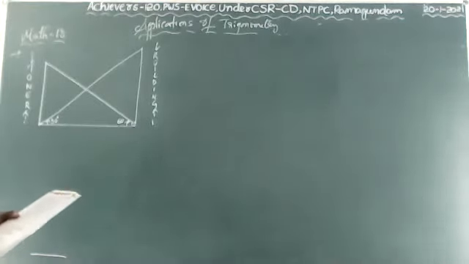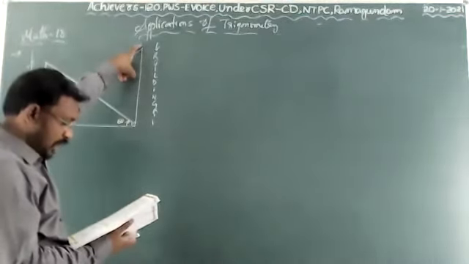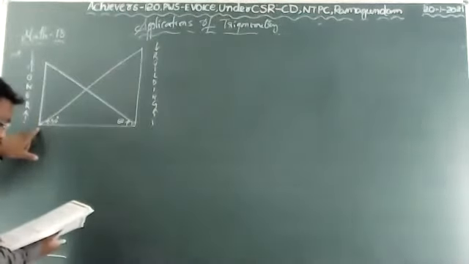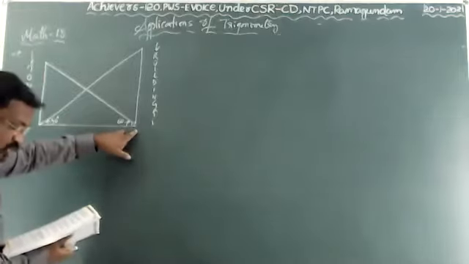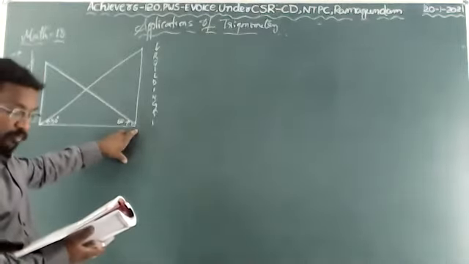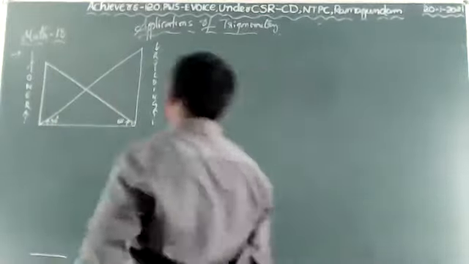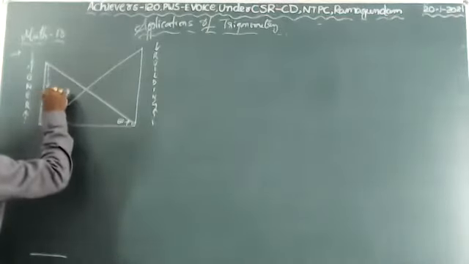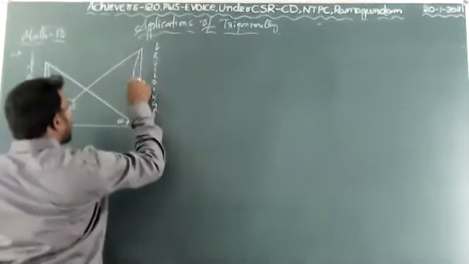Once again, the angle of elevation of the top of the building from the foot of the tower is 30 degrees, and the angle of elevation of the top of the tower from the foot of the building is 60 degrees. If the tower is 30 meters height, then what will be the height of the building?